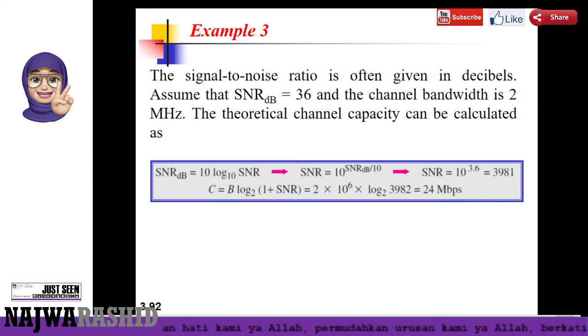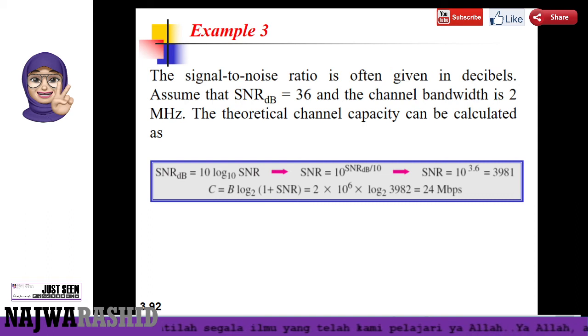Okay, next example number 3. The SNR is often given in decibel, or dB, with a small letter d and a capital letter B. We assume that the SNR dB equal to 36 and the channel bandwidth is 2 megahertz.